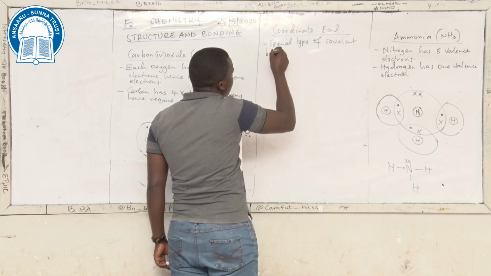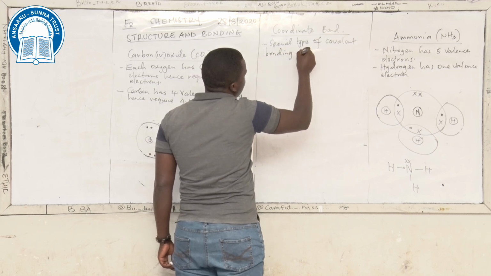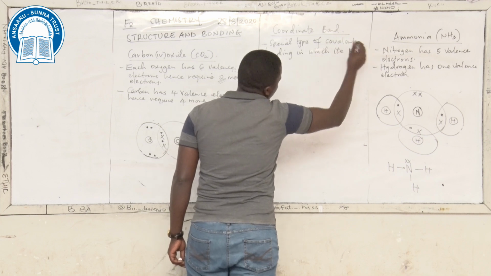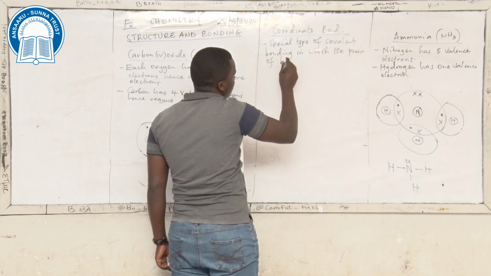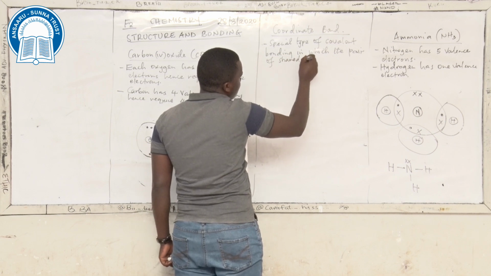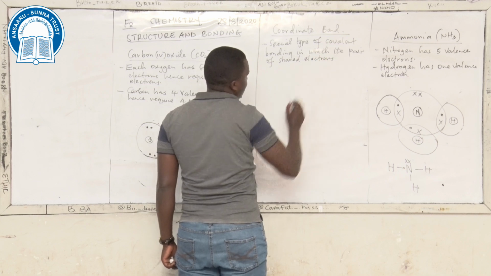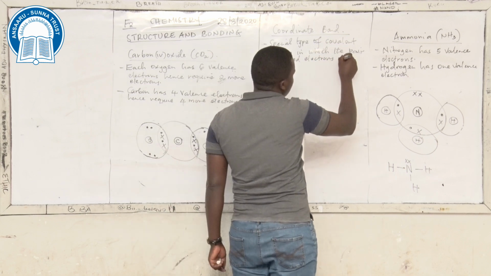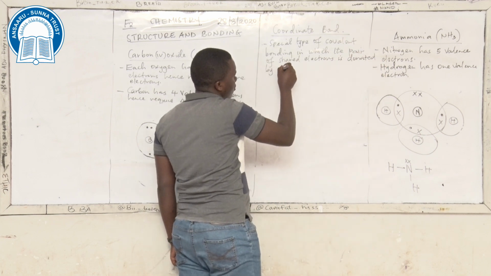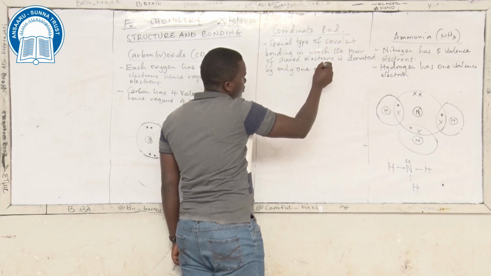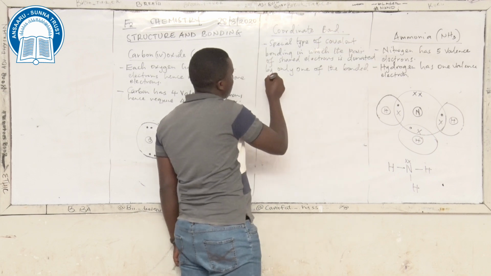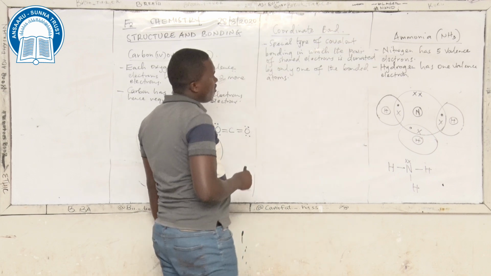So this involves a special type of covalent bonding in which the pair of shared electrons is donated by one of the bonded atoms.